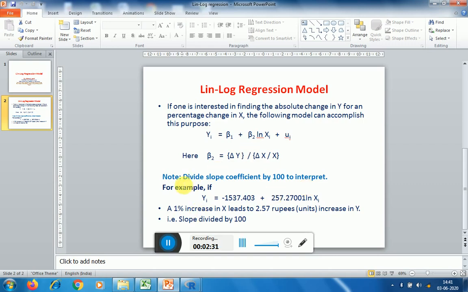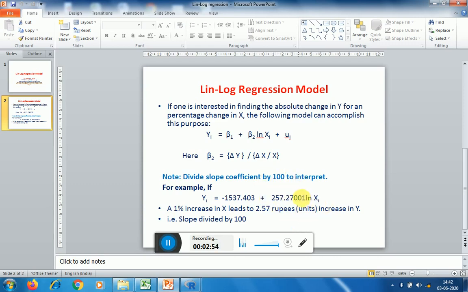Now for example, if you obtain the linear log regression equation as yi is equal to minus 1537.403 plus 257.27001 ln x, that is logarithm of x, then how can we interpret this?